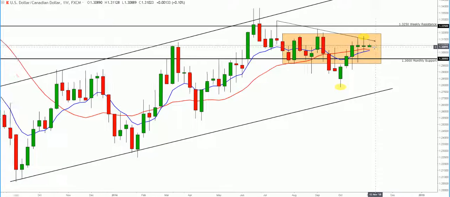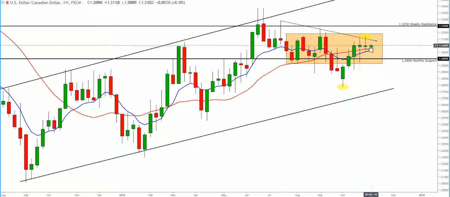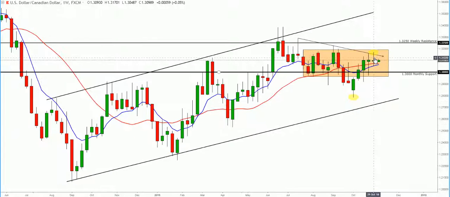So I do believe that we have the potential to come back down to the 1.3 major support zone. It's also a major psychological level. However, there is still that possibility of coming back up to test the 1.32. Now oil, last week the price of oil did tank.